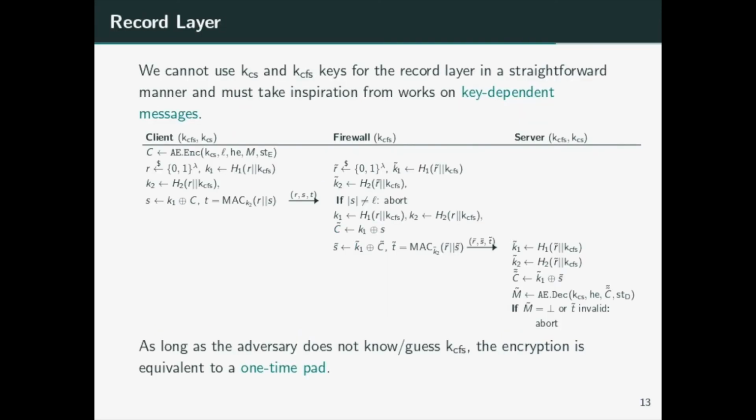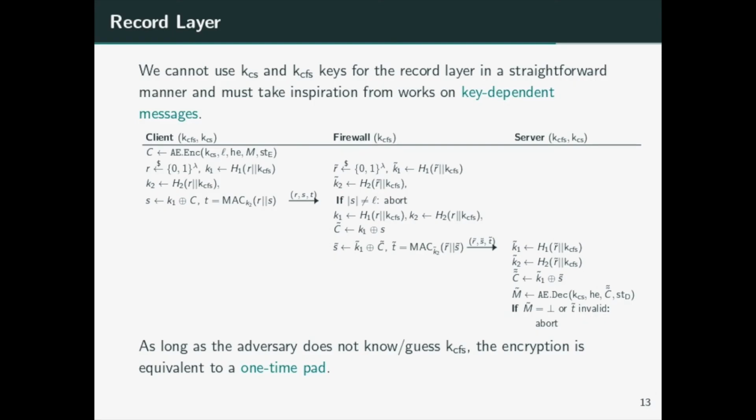the record layer. Unfortunately, we cannot just use KCS and KCFS in a straightforward manner by just encrypting and re-encrypting around it. As I mentioned before, we have to take into account key-dependent messages. We take inspiration from previous works on key-dependent messages to obtain the following protocol.